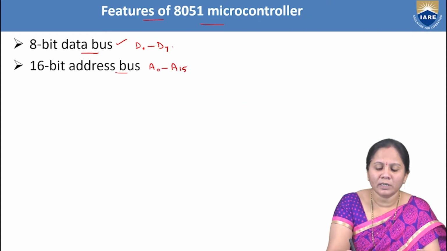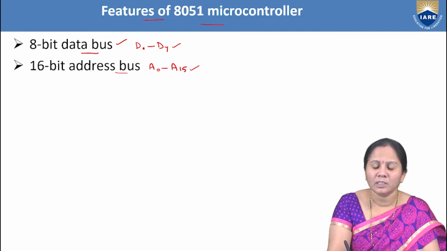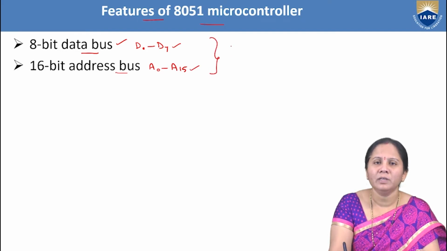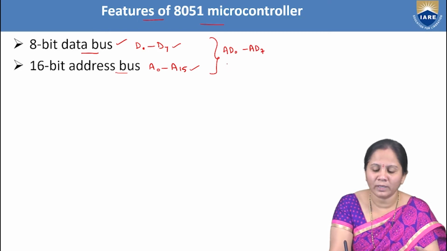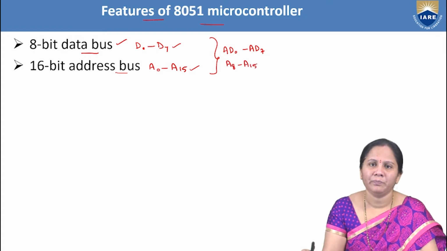Here the data lines are 8 and the address lines are 16. In the pin configuration, we have address and data multiplexed lines from AD0 to AD7, and the remaining are demultiplexed address lines only, from A8 to A15.